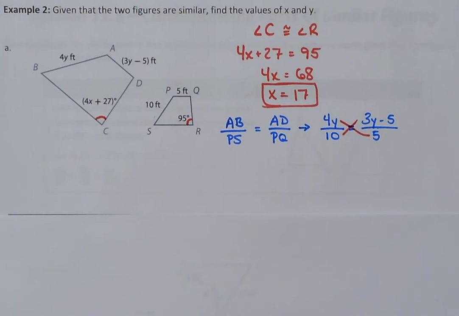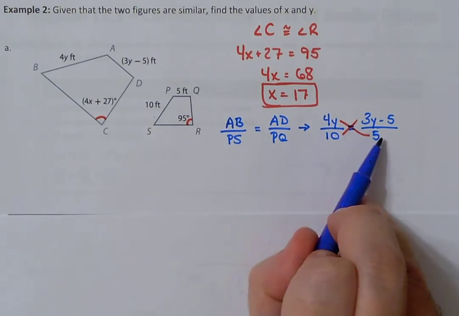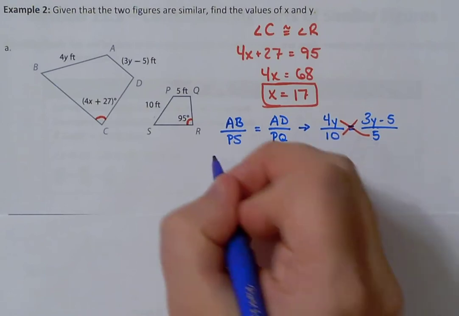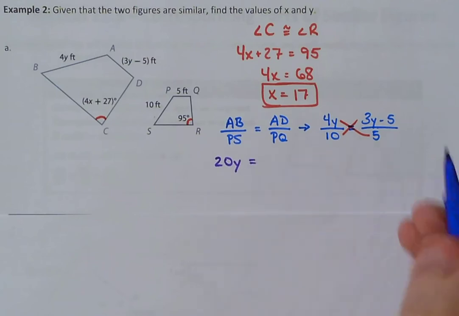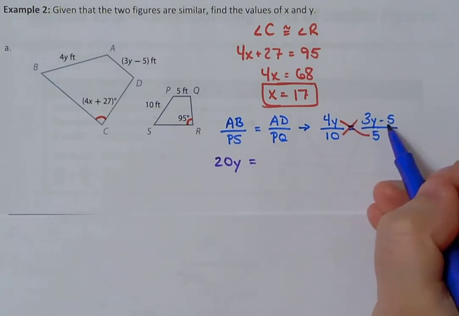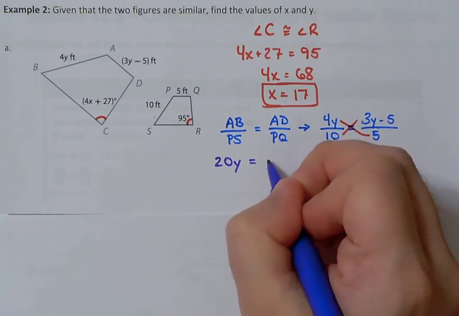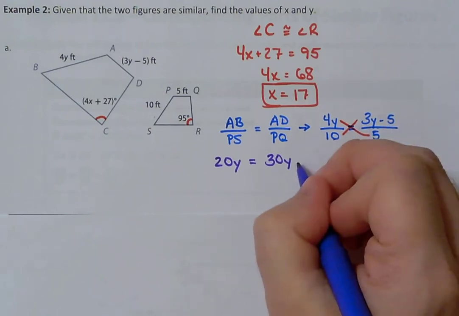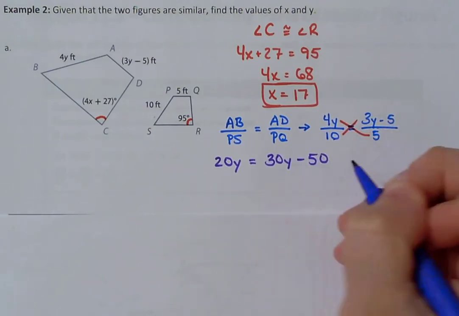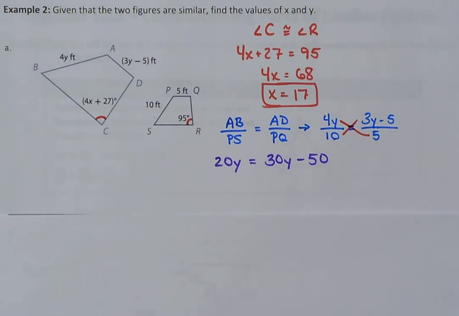If we cross multiply, 4y times 5, 4 times 5 is going to give us 20y, and that's going to equal 10 times 3y minus 5. 10 times 3 is 30y, and then 10 times a negative 5 is going to be minus 50. So I now have 20y equals 30y minus 50. Solve for y using your algebra skills, and that will give you your answer.